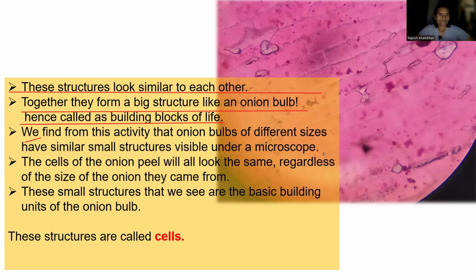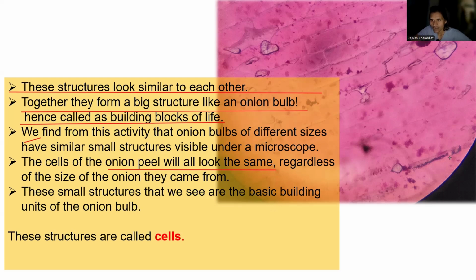The cells of the onion peel will all look the same. Every peel of every different onion will look the same regardless of the size of the onion, big or small. That is why we can say that the cells are the building block of the onion bulb, or you can say the basic building unit of the onion.